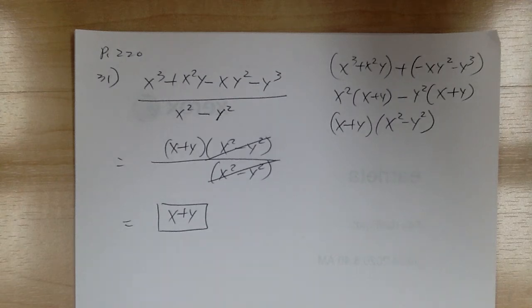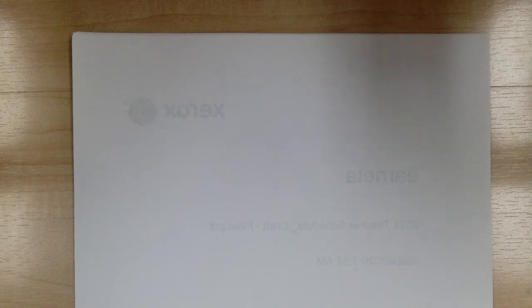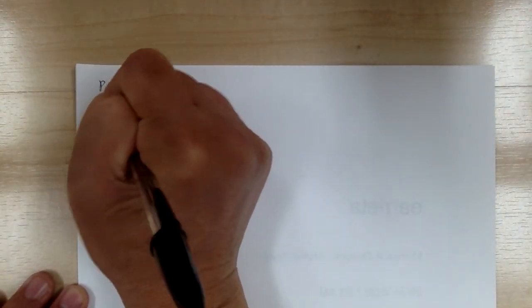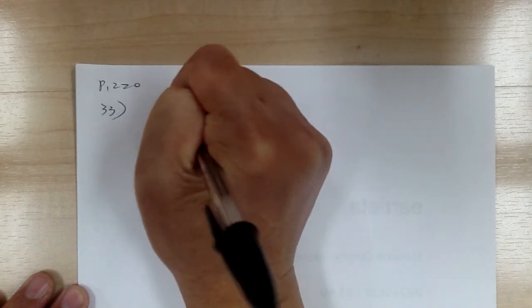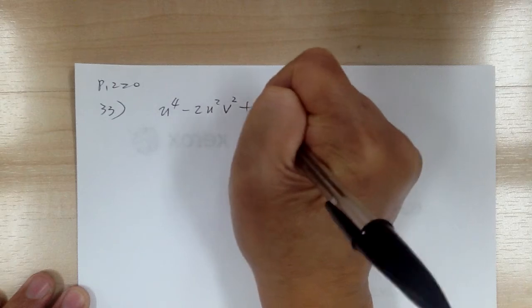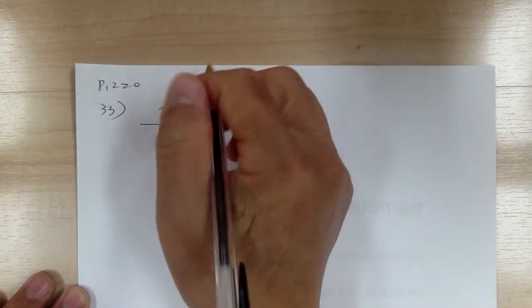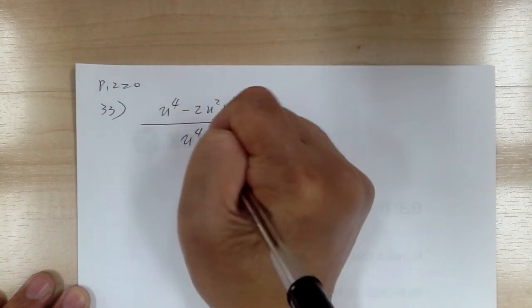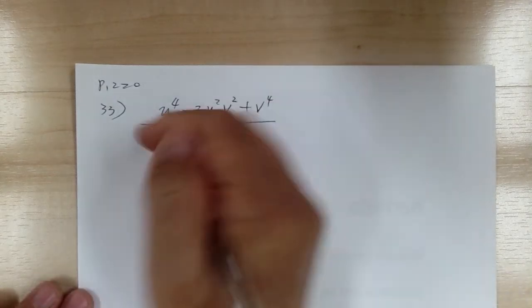Okay, let's go to number 33. You have u to the 4 minus 2u squared v squared plus v to the 4 over u to the 4 minus v to the 4.